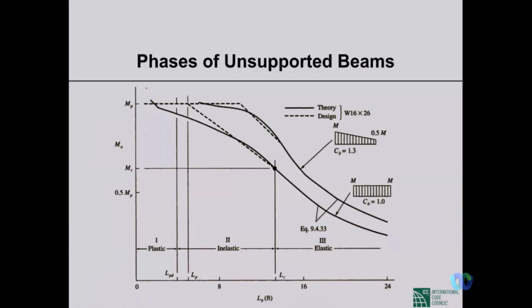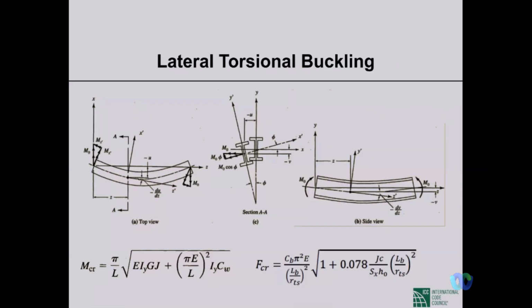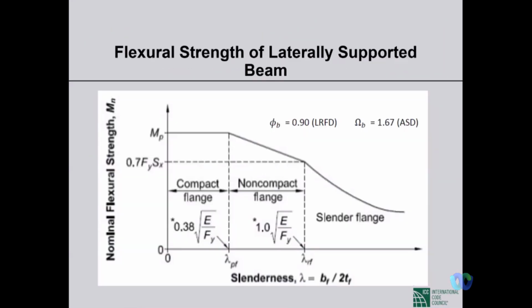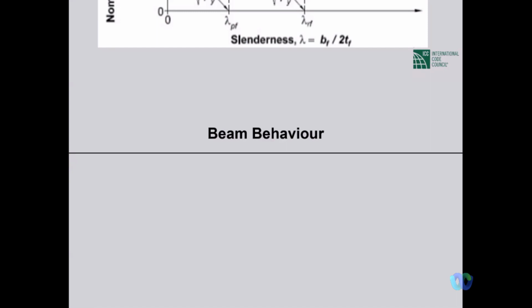So there may be 2 cases. One is a beam supported all throughout. So the explanation that I explained and the formula related to these are for a beam supported all throughout. So there will be no lateral torsional buckling.